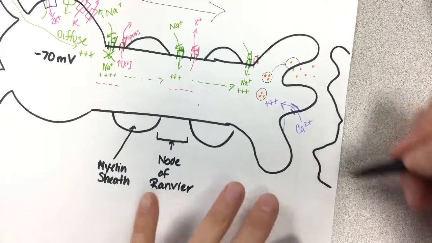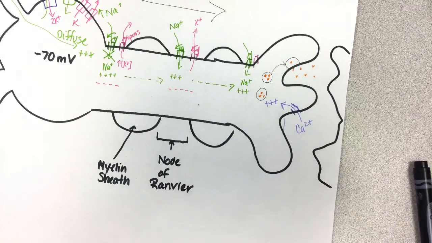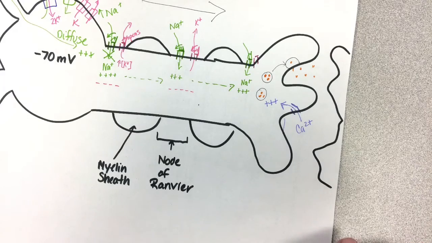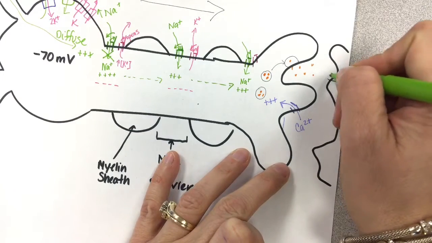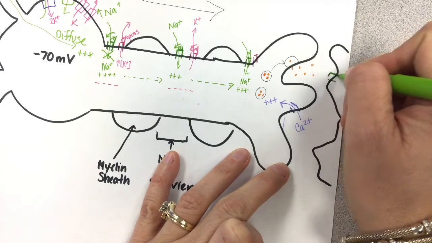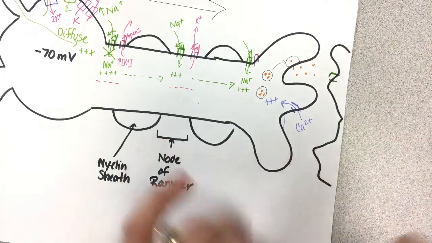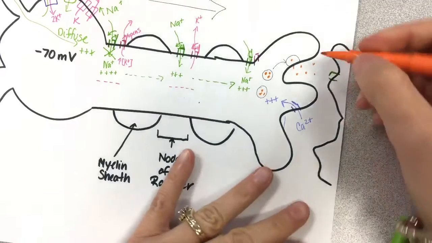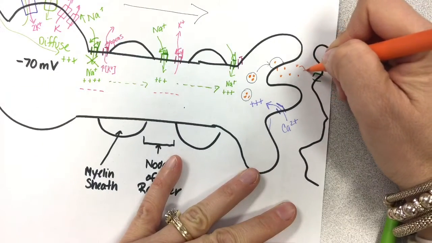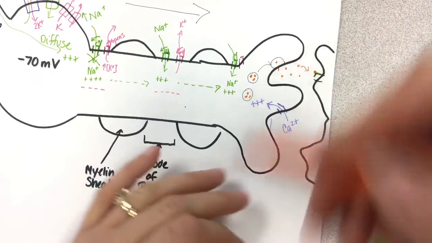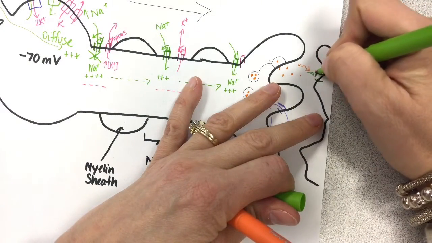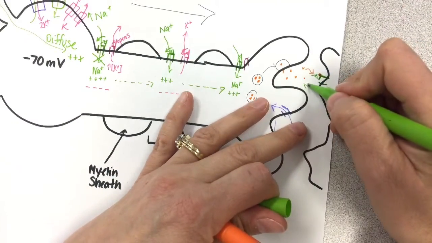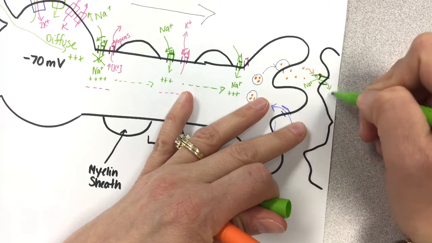of the next neuron. And so remember that you have sodium gates that are closed. Sodium gates that are closed. That neurotransmitter comes and diffuses, binds, causes that gate to open, and sodium diffuses in.